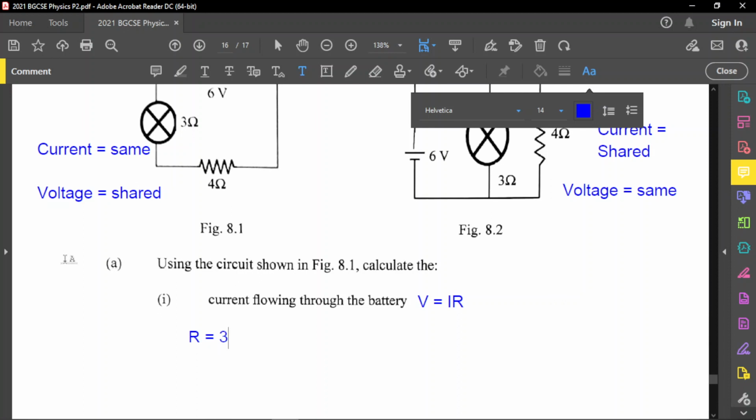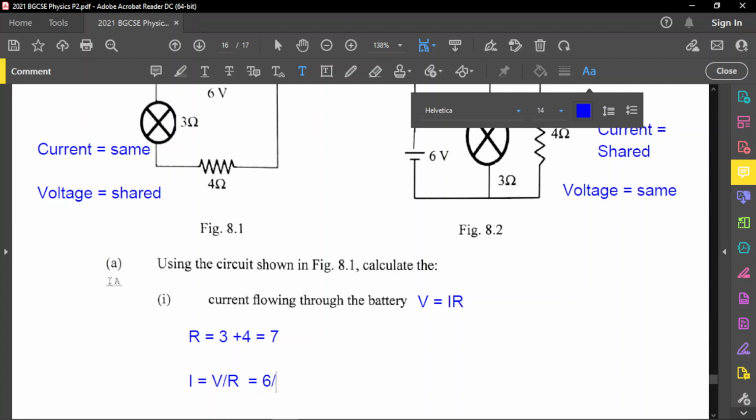So R equals 3 plus 4, which equals 7 ohms. Now the current, based on the formula, is I equals V over R, which equals 6 volts over R. If you look at the diagram, I have 6 volts.